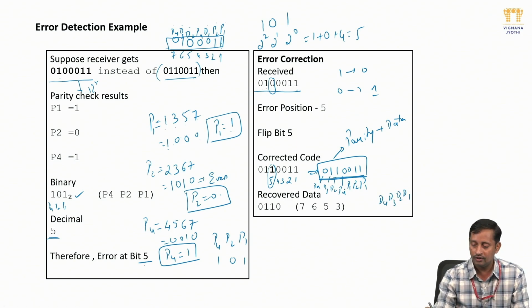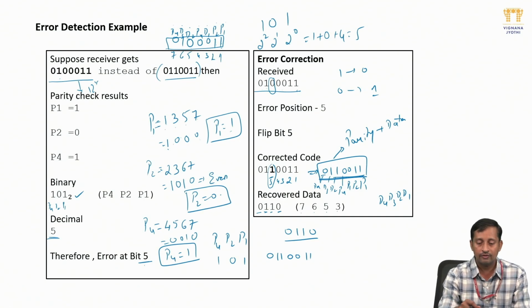Write down: for D1 it is 0, for D2 it is 1, for D3 it is again 1, and for D4 it is 0. So the data actually transmitted from the transmitter to the receiver is 0, 1, 1, 0. Here the positions are third, 5th, 6th, and 7th. And the data completely transmitted from the transmitter to the receiver along with the parity bits is 0 1 1 0 0 1 1.